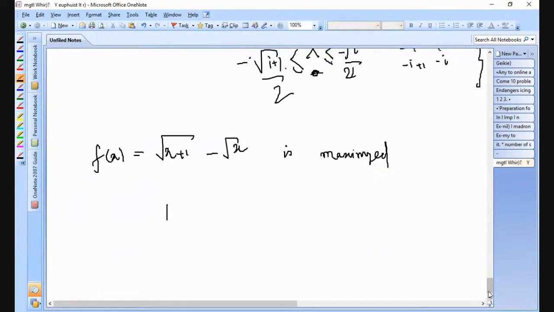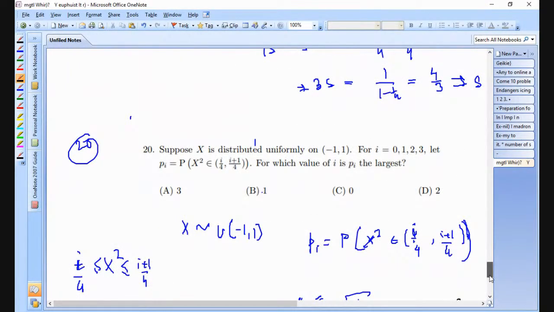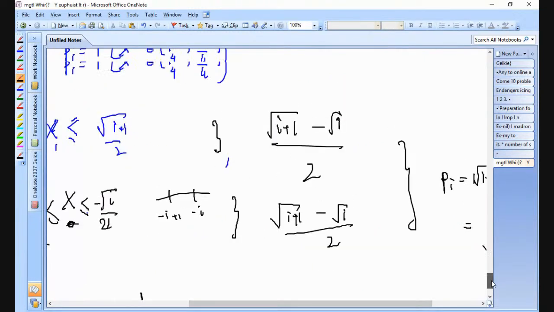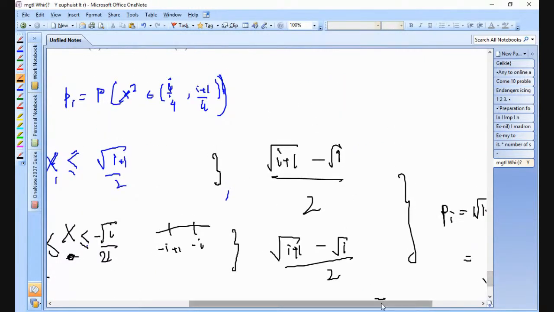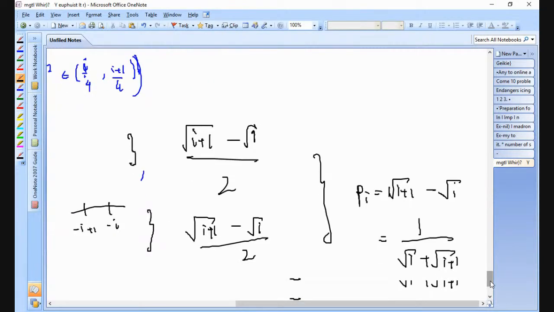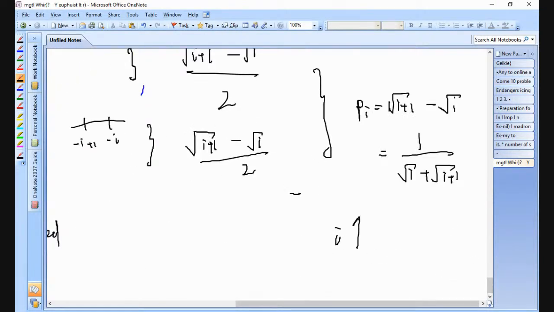Okay. Now here is a given condition. Understand that I plus 1 must be less than or equal to 4. Okay, so I is less than or equal to 3. Understand that this is an increasing function. Decreasing, sorry. It's a decreasing function because with the increase of I, root I plus 1 will increase and this will decrease.